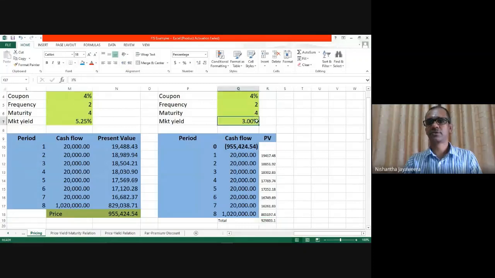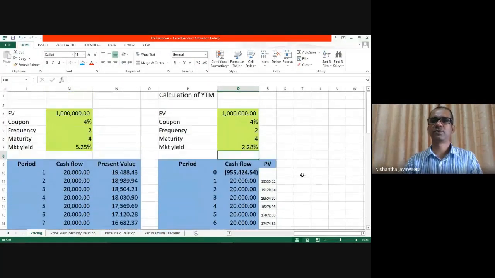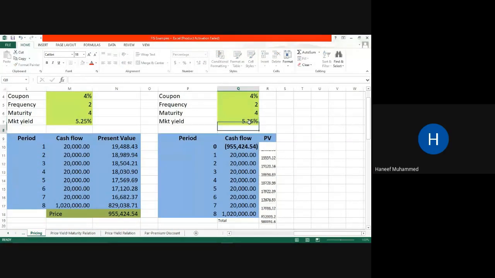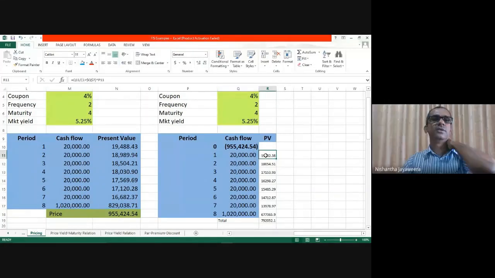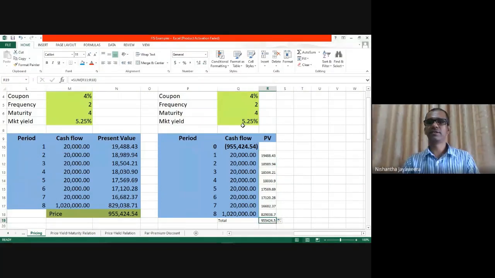So if I put 2.275, 5.25 divided by 2, when the market yield is 5.25, you should get the price.